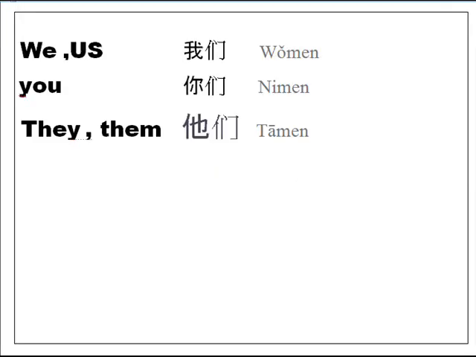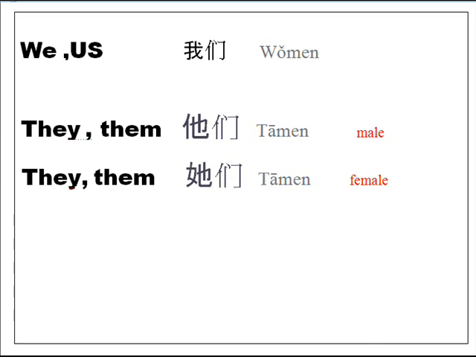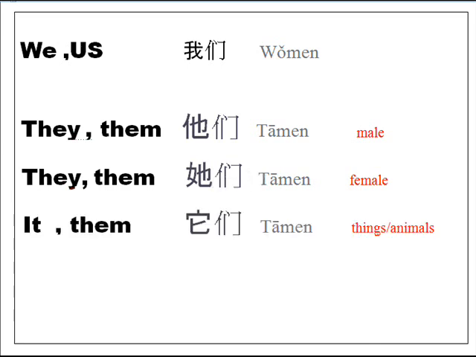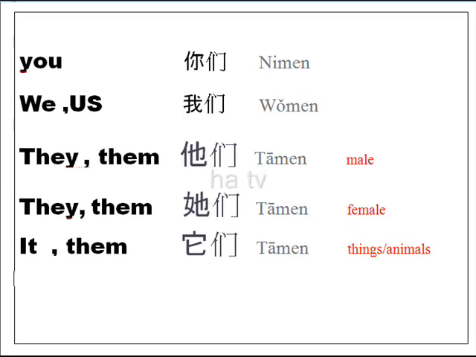Now we go to the third person of the plural. It is ta men, they or them. So we have a little part here to explain more. When we say they, we have they for male, or they for female, or they for things or animals.